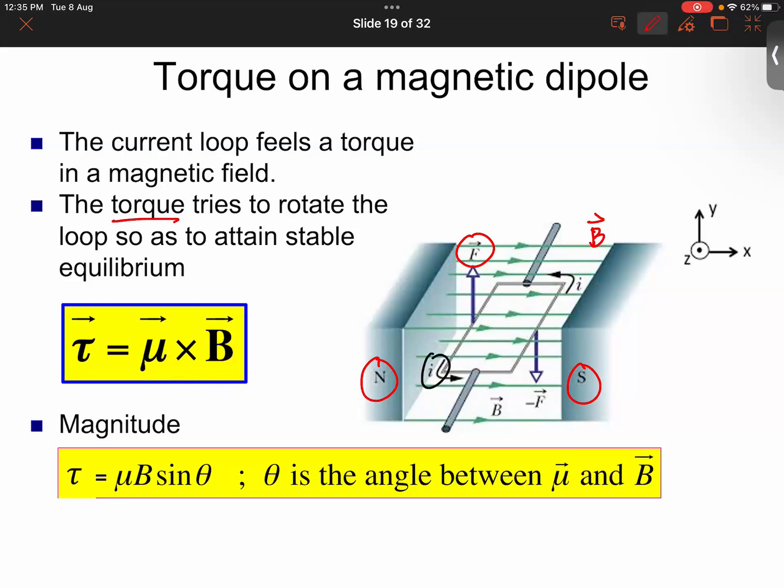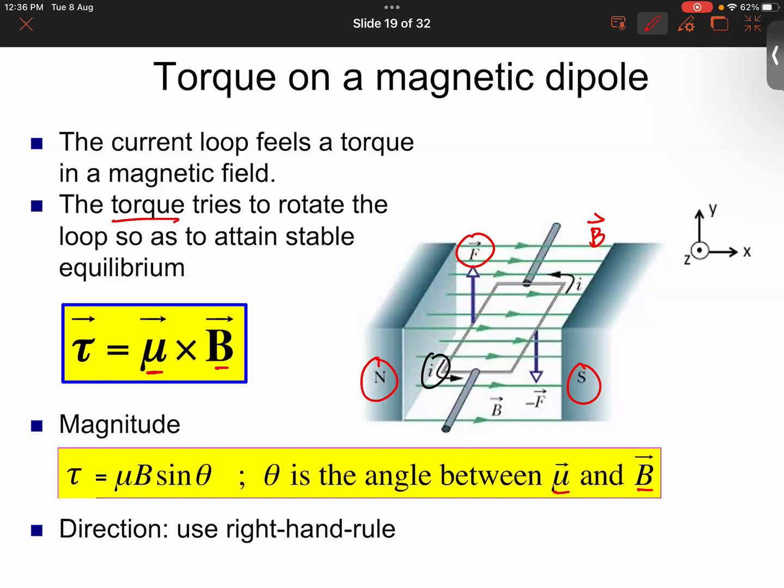So the way to work out this equation is the same way that we've been working out equations with cross products. You can find the magnitude using the expansion of the cross product into the sine theta function. Theta is now the angle between mu and B. So it's always the angle between the two vectors that are being crossed. And then, of course, for the direction, use the right-hand rules as before.